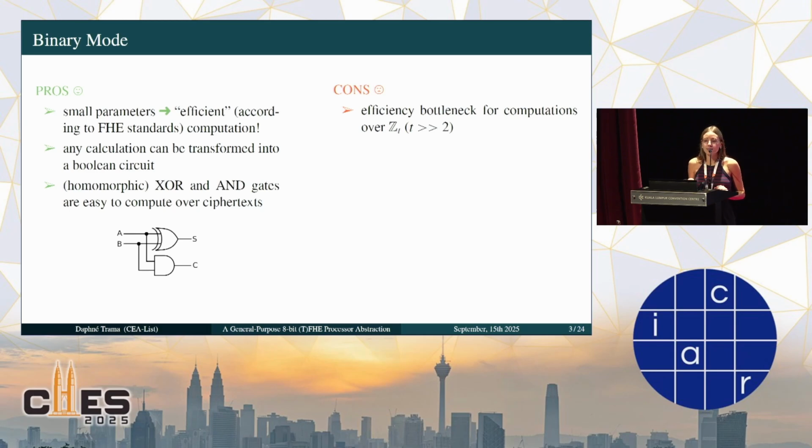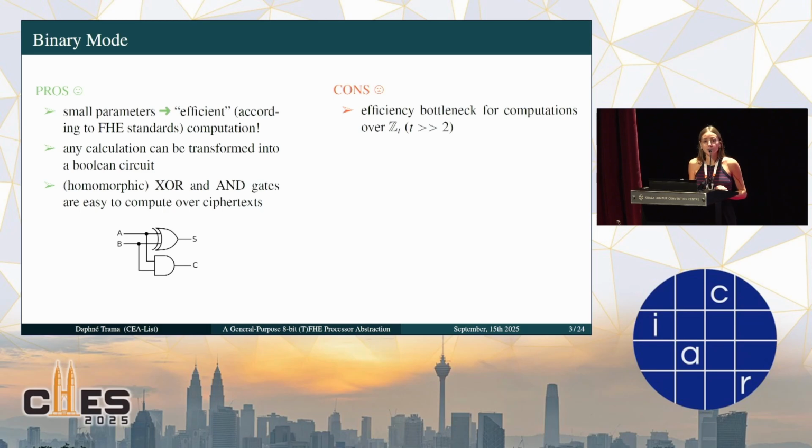Most TFHE state-of-the-art use this method because it has several advantages, such as the size of parameters, which allow somewhat efficient computations. Any computation can be expressed as a Boolean circuit only composed of AND and XOR gates that can then be evaluated in the homomorphic domain. So any computation is possible in the homomorphic domain with this method.